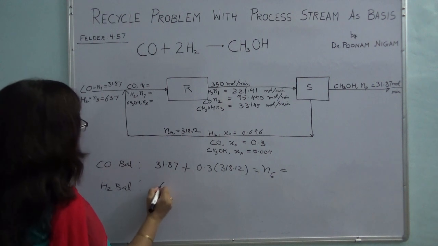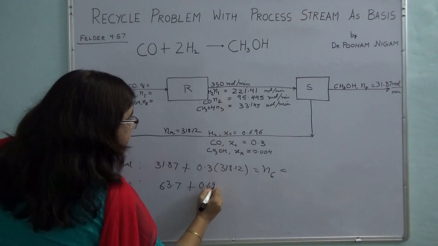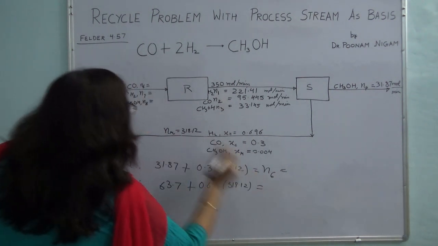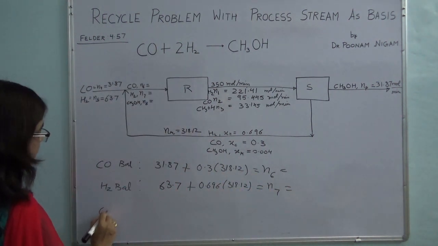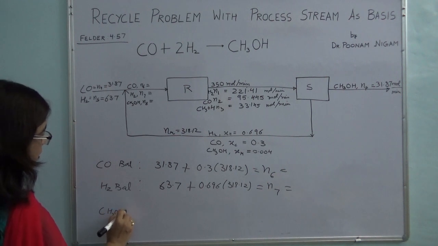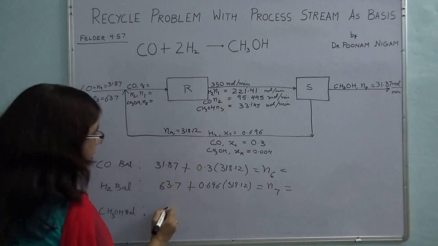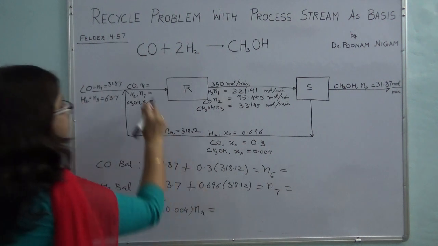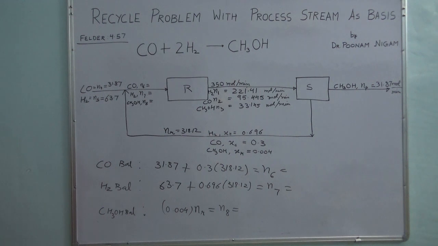It is 63.7 plus 0.696 into your flow rate 318.12, and that should be equal to your N7. Then you take your methanol balance. Nothing is coming in from the fresh feed, only the recycle. So I have 0.004 times your NR, that is equal to your N8.